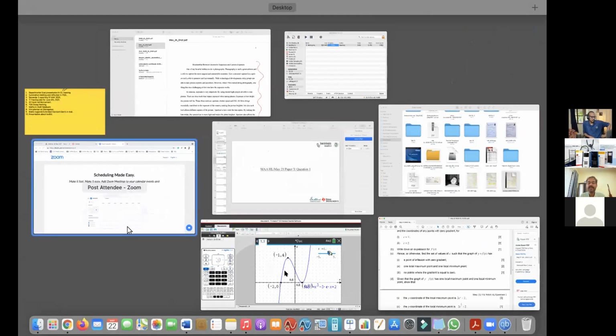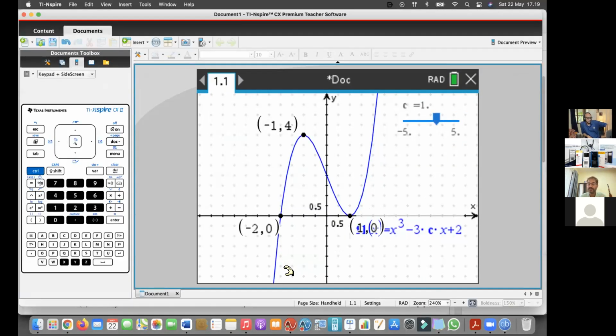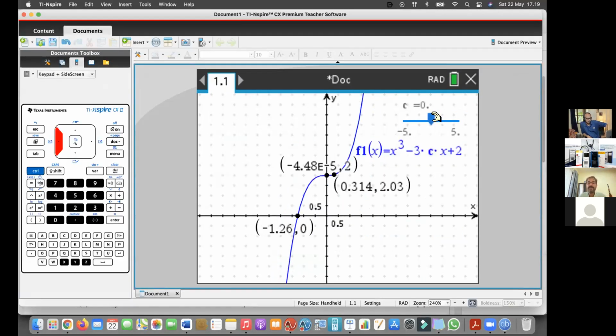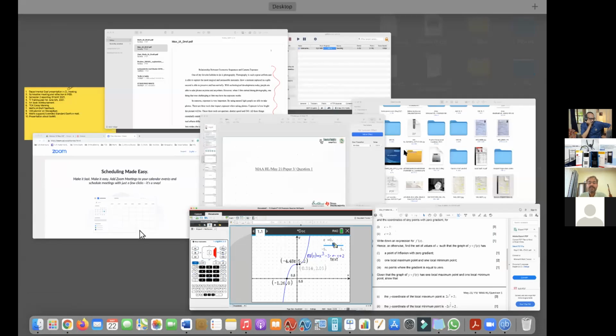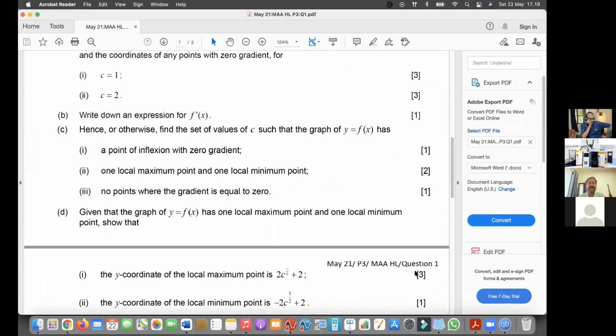That means we are looking at a stationary point of inflection. So just play with your slider and see what happens. Do you see when C is equal to 0, what is happening here? Yeah. We get a flat line parallel to the x-axis. So it is the value of C where you get a stationary point of inflection.